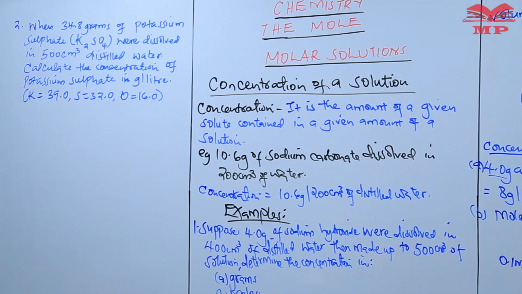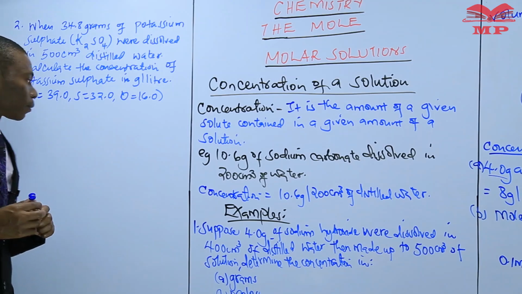Calculate the concentration of potassium sulfate in grams per liter.